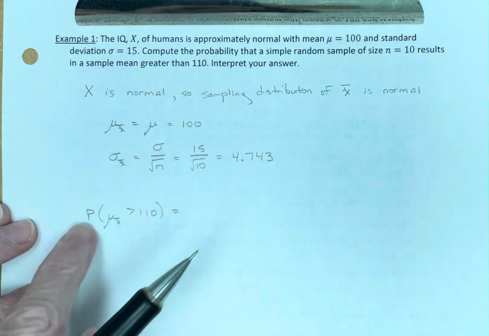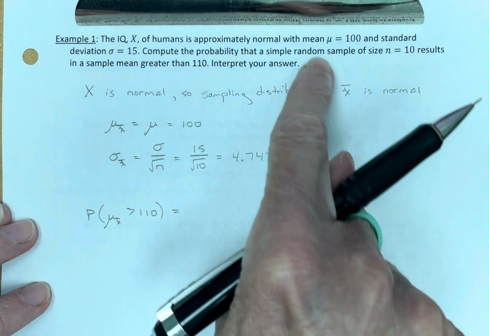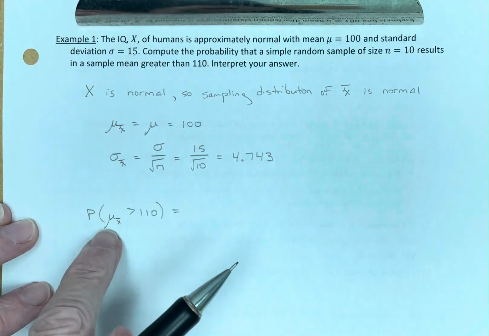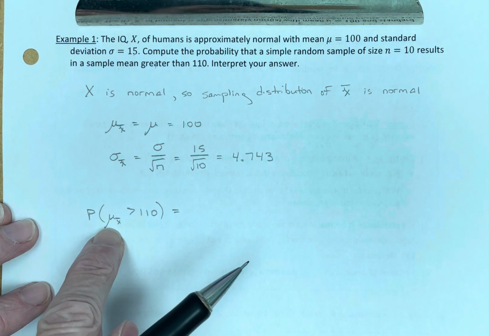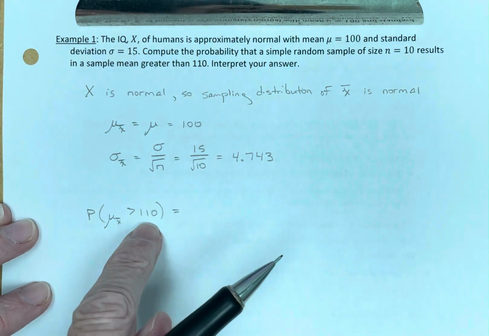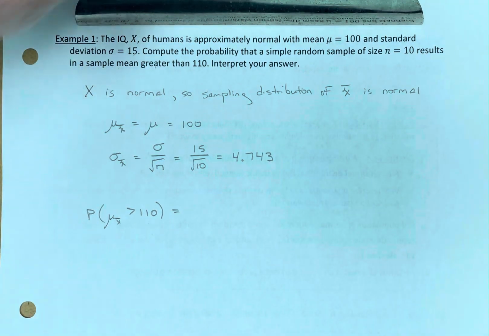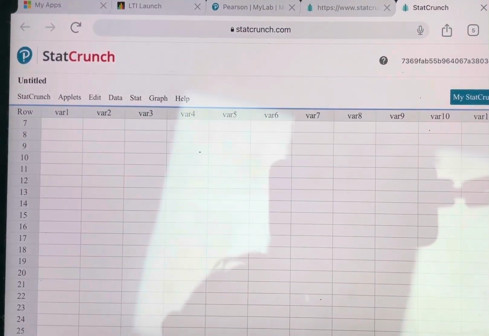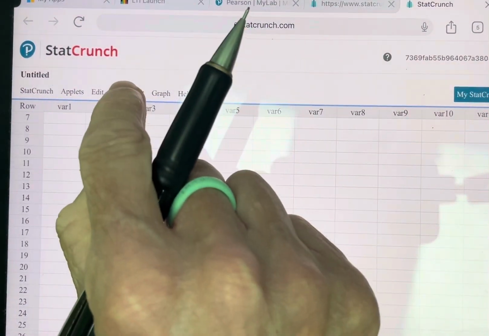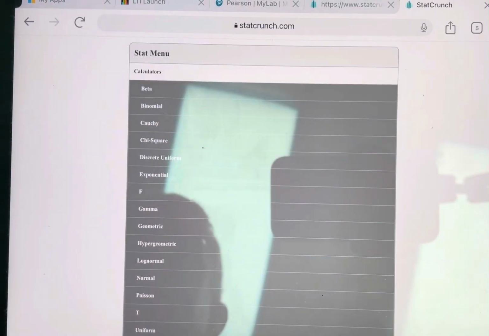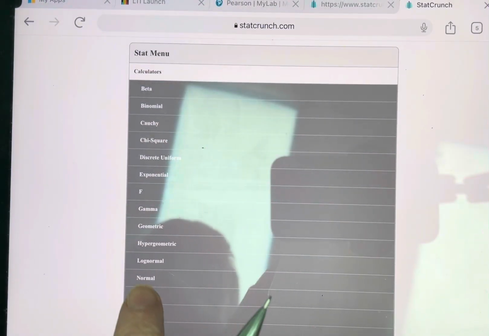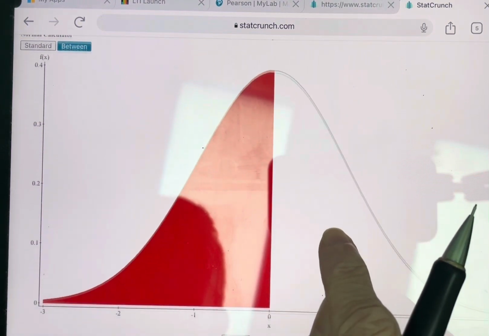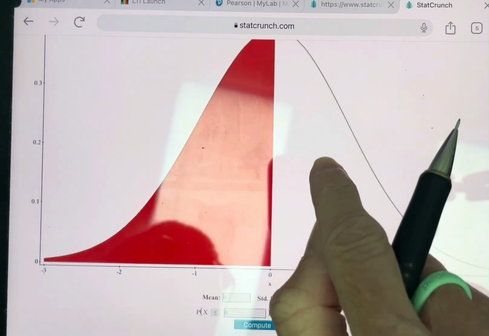Compute the probability P of a sample mean greater than 110. Let's take out our calculator. So I'm in StatCrunch, and I'm going to go to our stat calculators, and I'm going to the normal because we're talking about normal probabilities. Select normal, and here we have it. Okay, and I'm going to go down to the bottom.